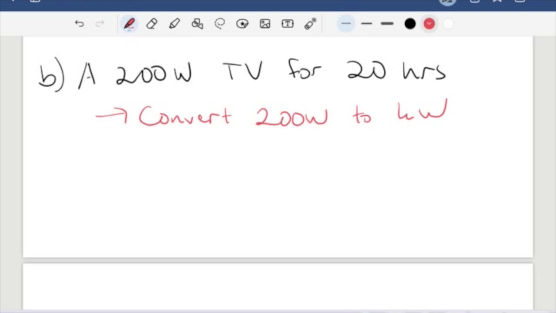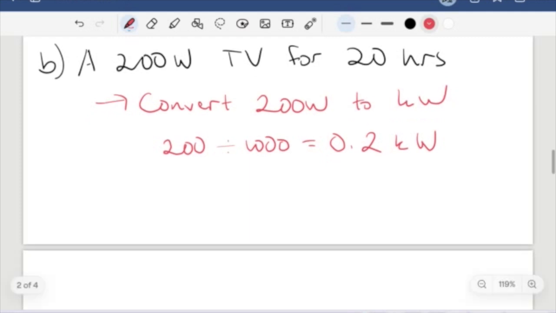So to convert this to kilowatts, I want to divide my 200 by 1,000. Because this number isn't 1,000, we're going to get something smaller than 1, something in the decimals. Once we divide, this gives me 0.2 kilowatts.